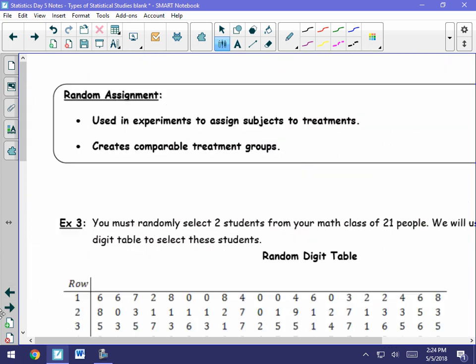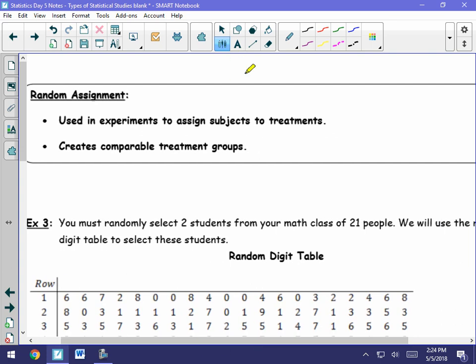So moving on to talk a little bit more about this idea of random assignment, which is a very important idea when you're designing observational studies and experiments. Random assignment is used in experiments to assign subjects to treatments, and it creates comparable treatment groups. So right out of the gate, you're not going to have bias one way or another.